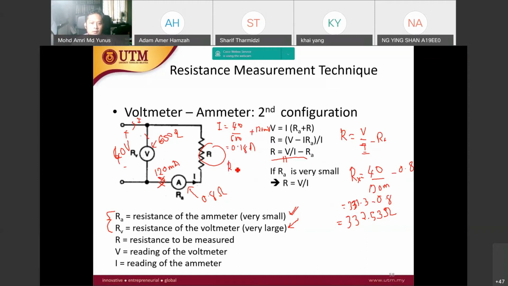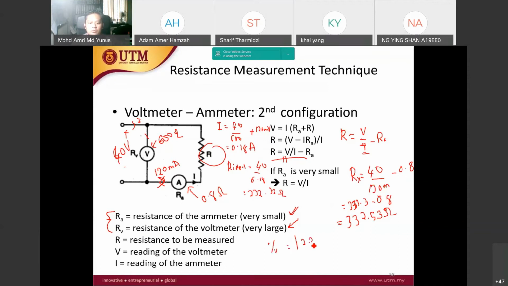So our ideal will be 40 divided by 0.18, 222.22 ohm. Okay, so we calculate the percentage error.